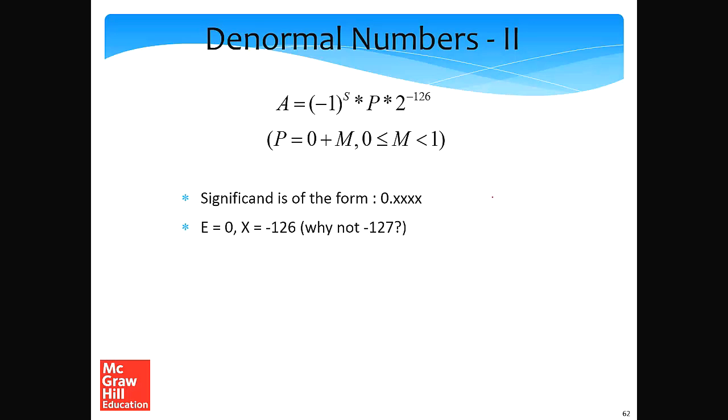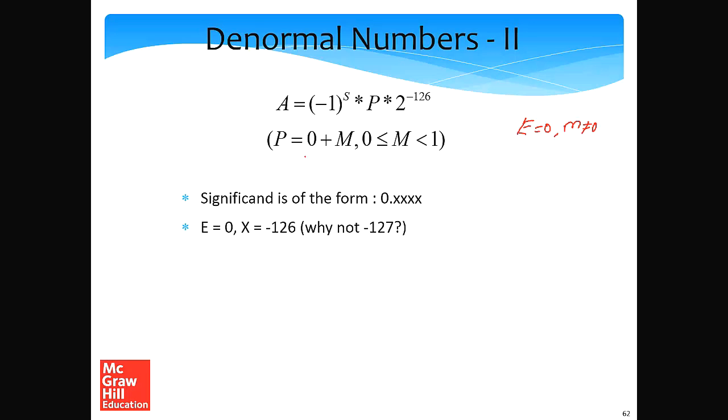So what we can do is define a set of denormal numbers where the E field in the representation is 0 and the M field is not equal to 0. In the normal form of a denormal number, we change the significand.